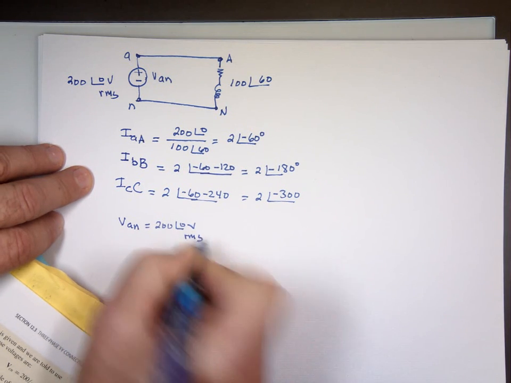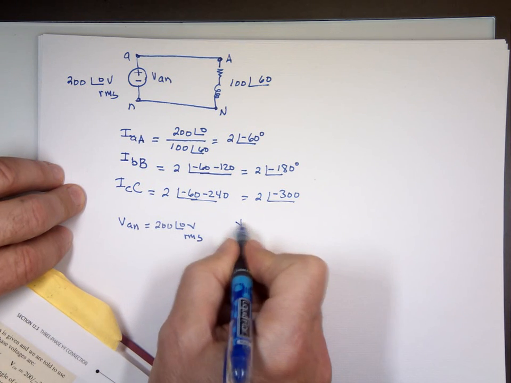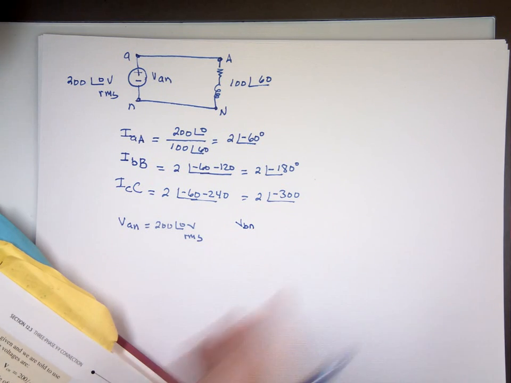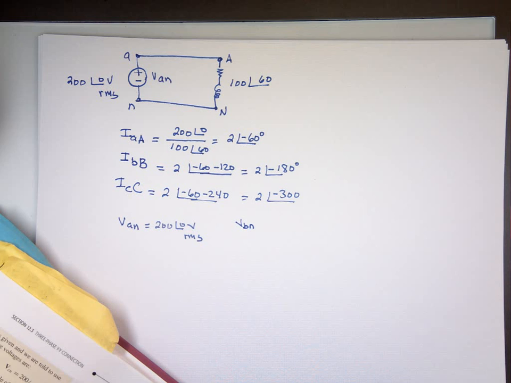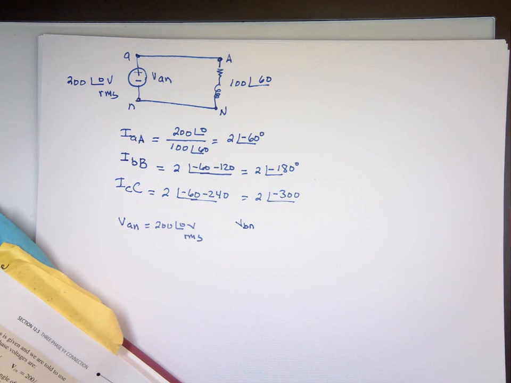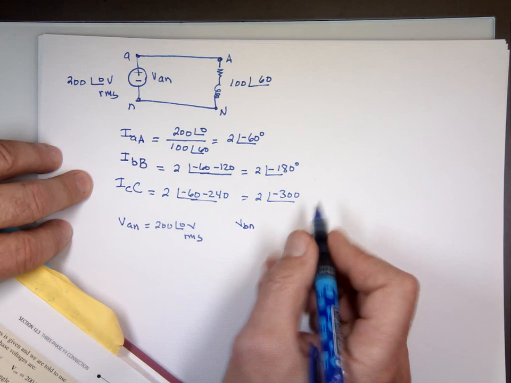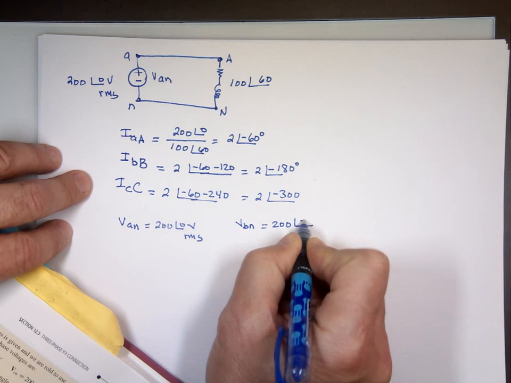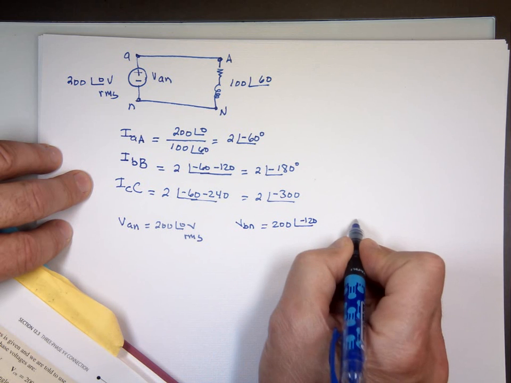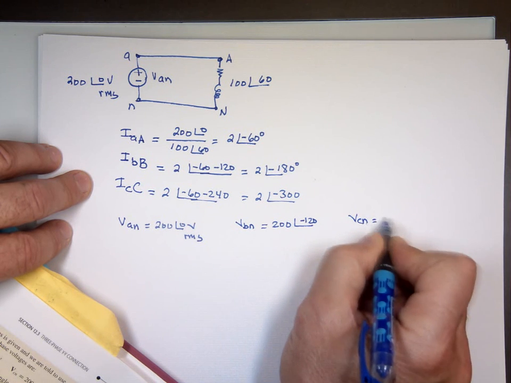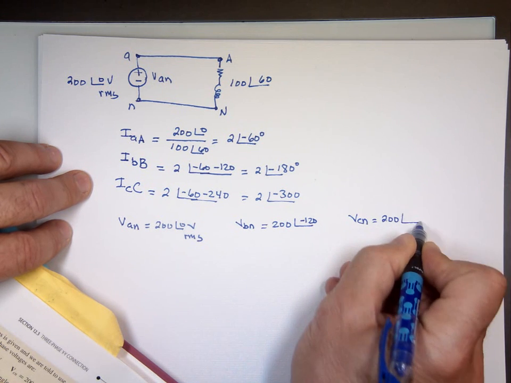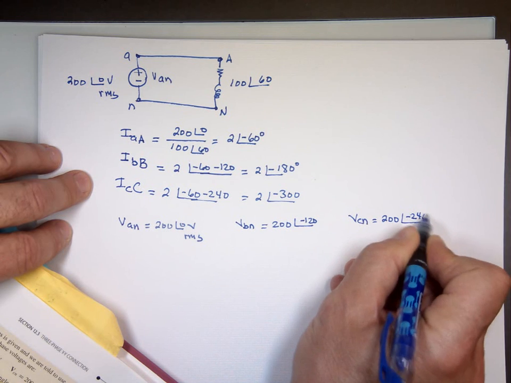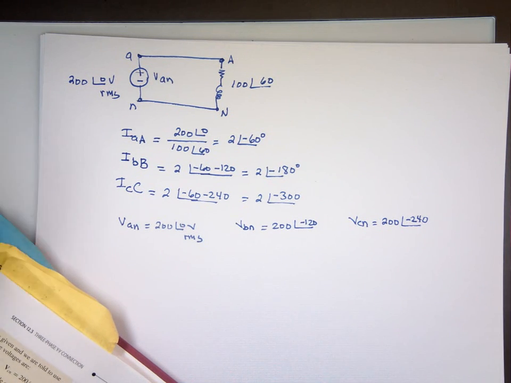What is VBN? That was a positive source here. VBN will be what? 200 angle negative 120. And VCN is going to be what? 200 angle negative 240. So if they ask for the phase voltages, these are the phase voltages.